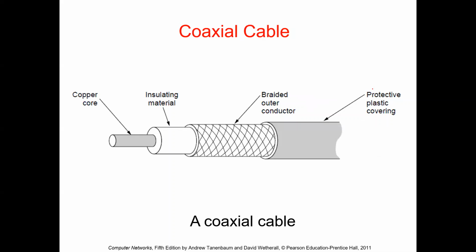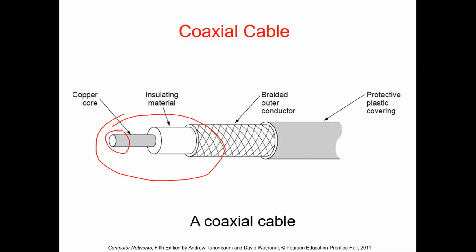The next one is the coaxial cable. We mostly find these kinds of cables in TVs, the television, and the internet at our home. It is called the coaxial cable because it has two conductors.